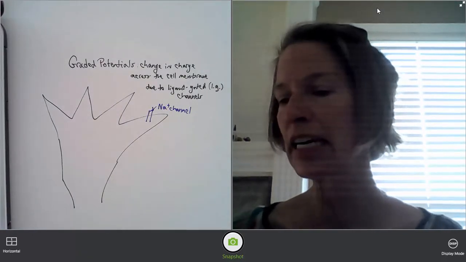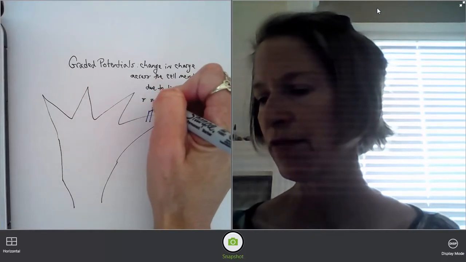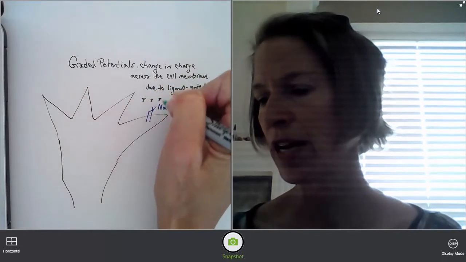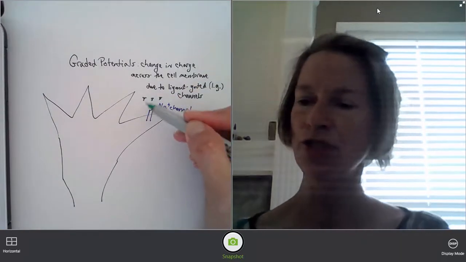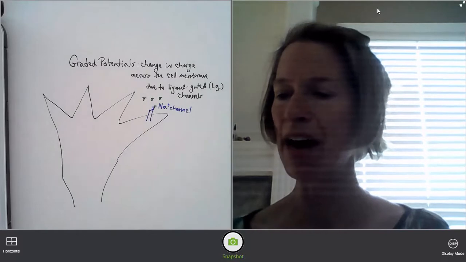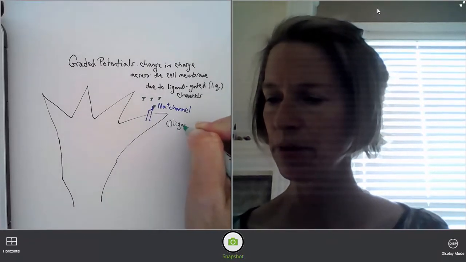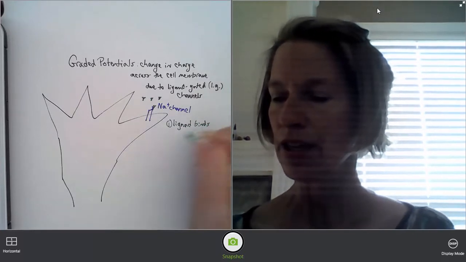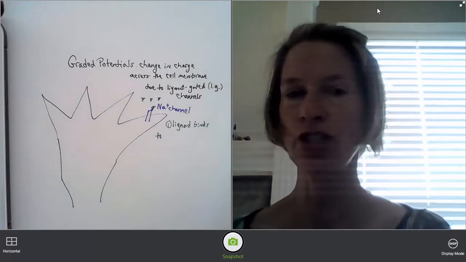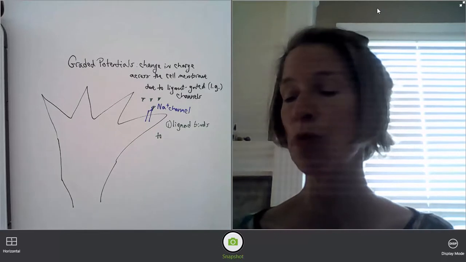This ligand is a chemical key, for example, which is floating around out here in the extracellular fluid. When it binds, the ligand binds to the channel. It acts as a key to open the gate.